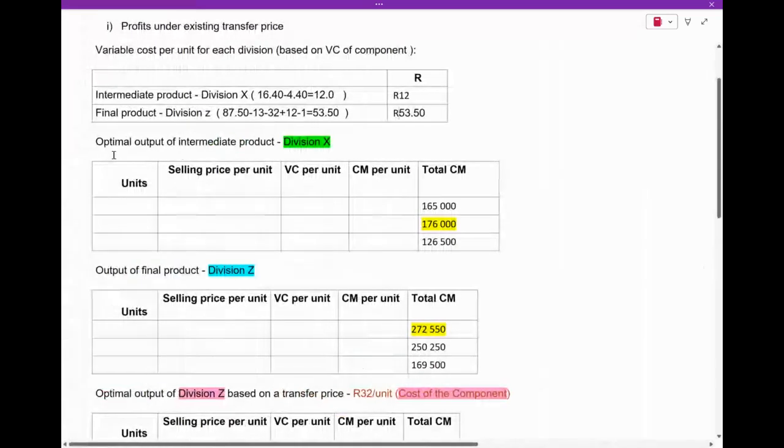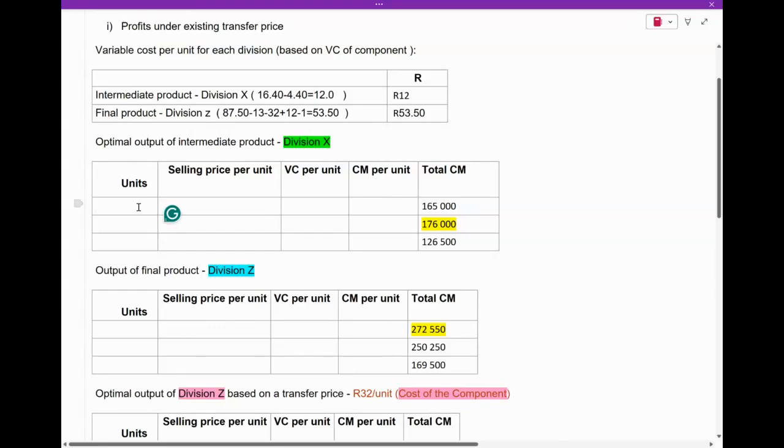So now we're saying the optimal output of intermediate product, or in other words, the component. I don't know why they changed and started using intermediate product, but oh well. So we're now looking at division X, the sales and the selling price and the demand.